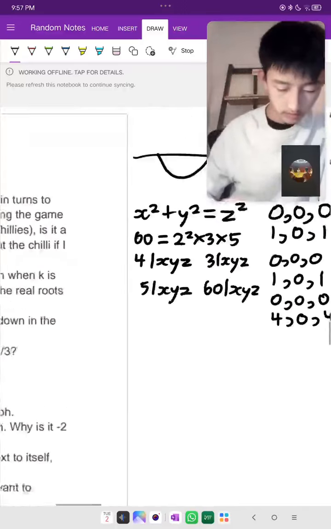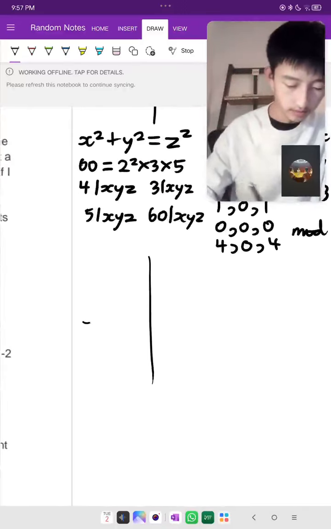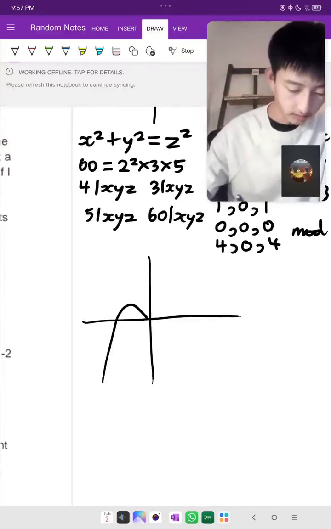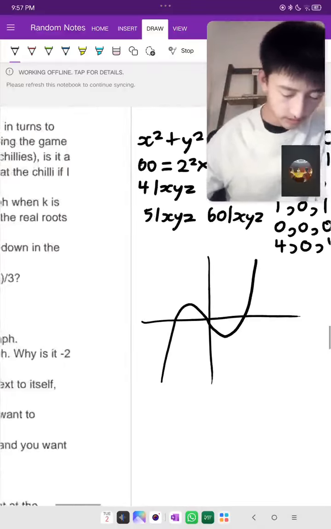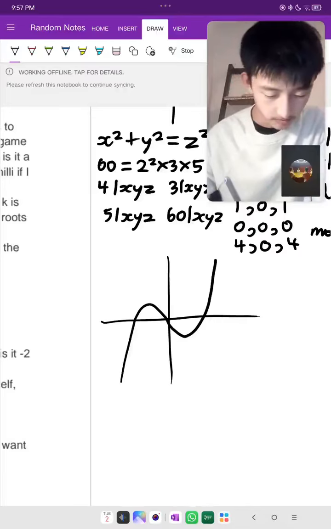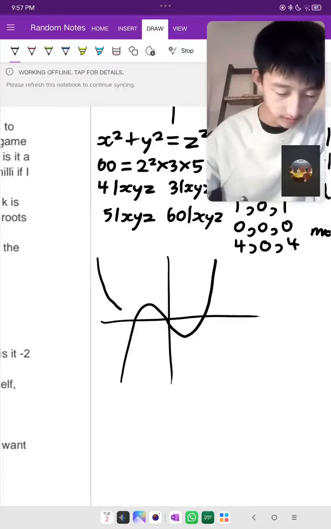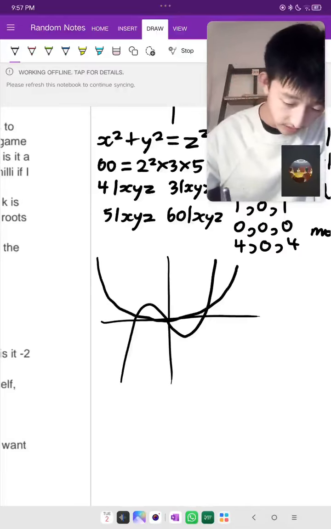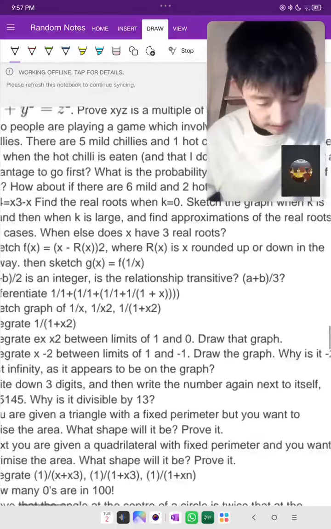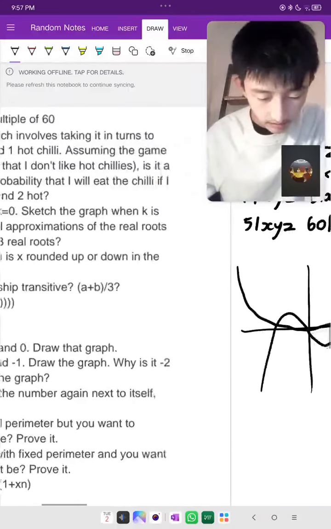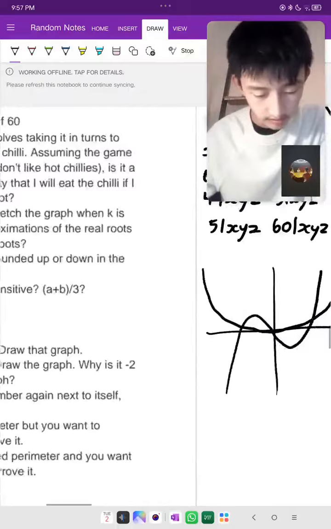So if I draw x cubed minus x, then kx to the 4 if k is very small, it's going to look something like that, but there will always be 3 intersections. Find approximations of the real roots.